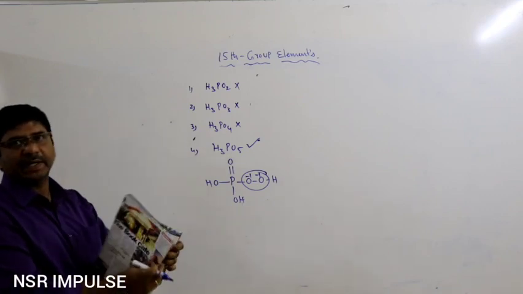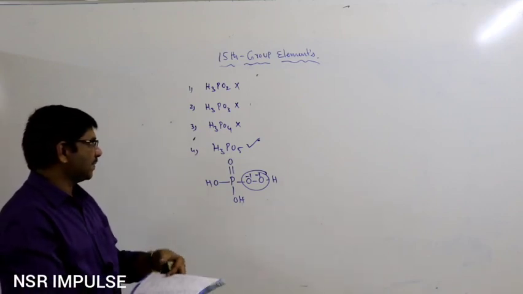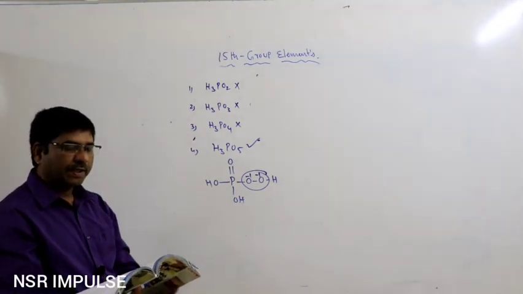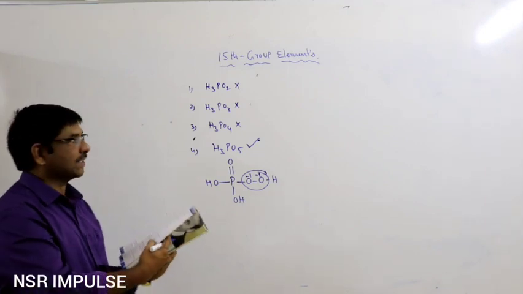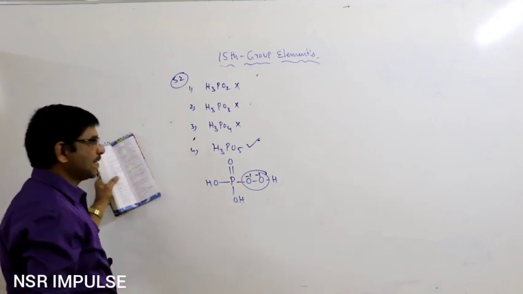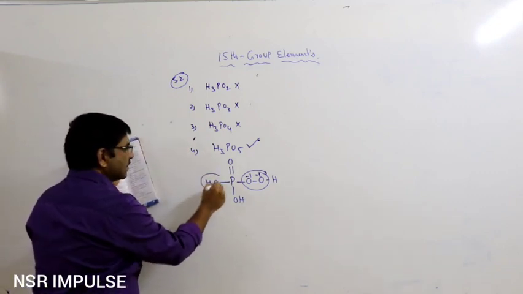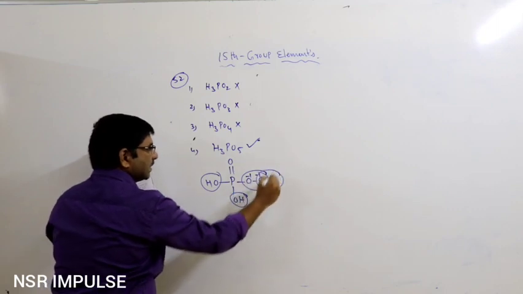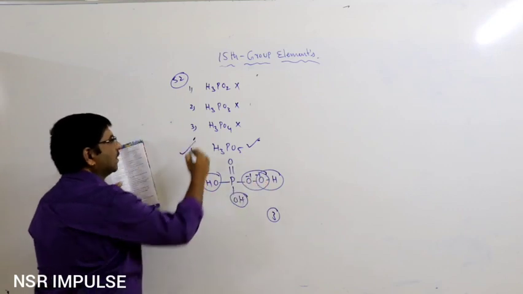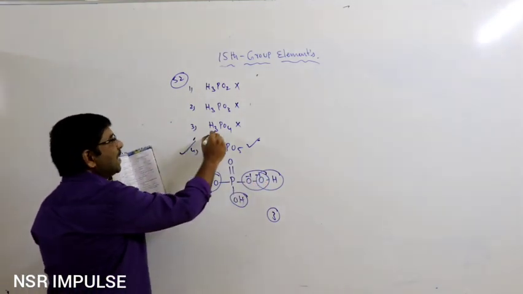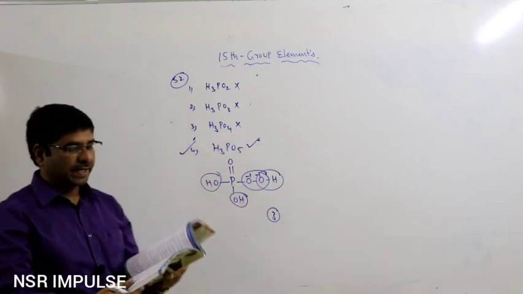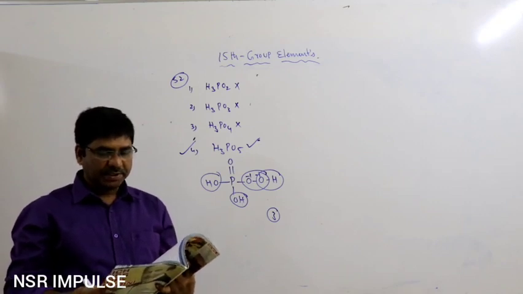So, question 52: what does he want? Tribasic acid with peroxy bond. Basicity 3 is correct. So answer is 4. The others have basicity 3 but are not peroxy compounds.